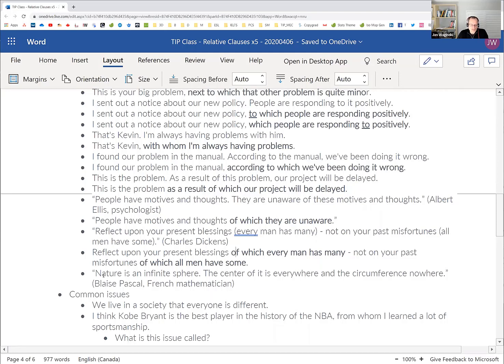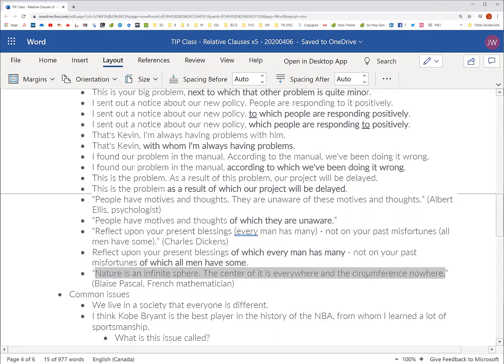Okay, next one, Blaise Pascal, French mathematician. Nature is an infinite sphere. The center of it is everywhere, and the circumference nowhere. Very deep, but we're just interested in how to transform it.